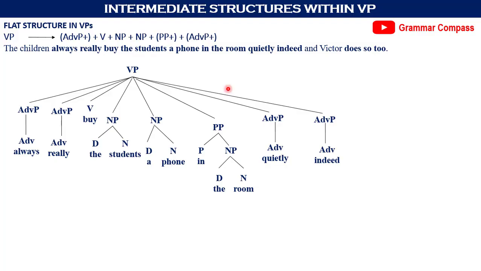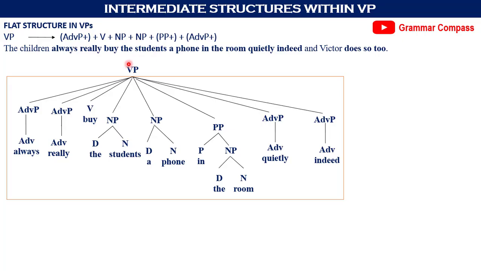Now let us try to replace the constituents within this VP with "does so too." Starting with this: the children always really buy the students a phone in the room quietly indeed, and Victor does so too. What does this "does so too" replace? We can see that it replaces the entire verb phrase.